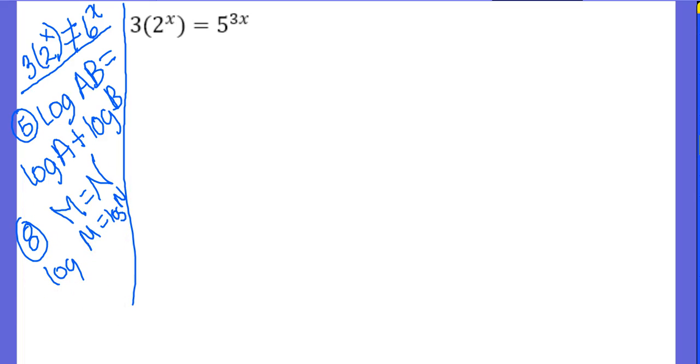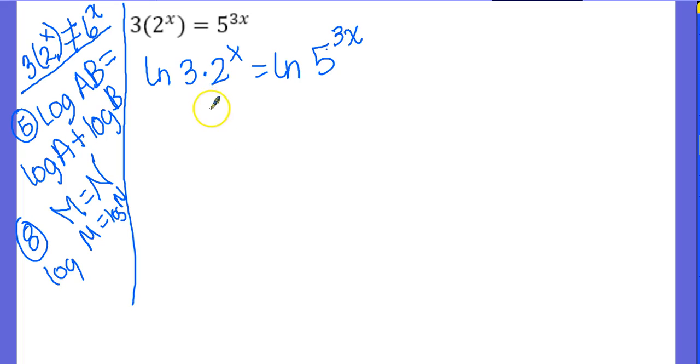The first one I will use is 8 because this is a condensed log and this is a condensed log. As soon as I drop in the log, if these numbers are equal, then their logs are also equal. And I'm going to change that notation to a times sign like that. Equals the natural log of 5 to the 3x.